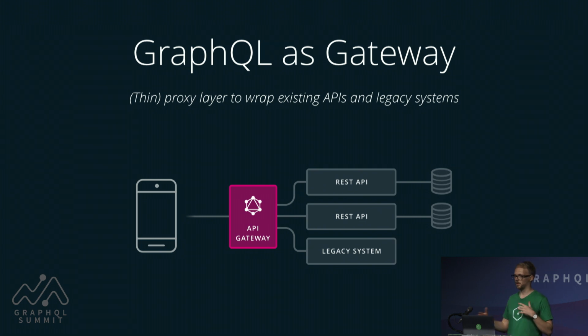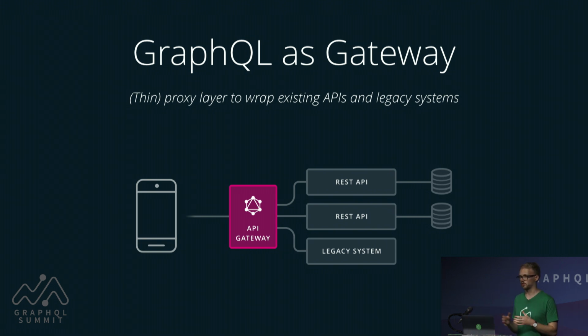Historically, and this is what Lee and Dan and so on have already presented, GraphQL is typically known as an API gateway technology, as a proxy technology, so that you really take GraphQL and put it in front of your existing services and existing infrastructure.